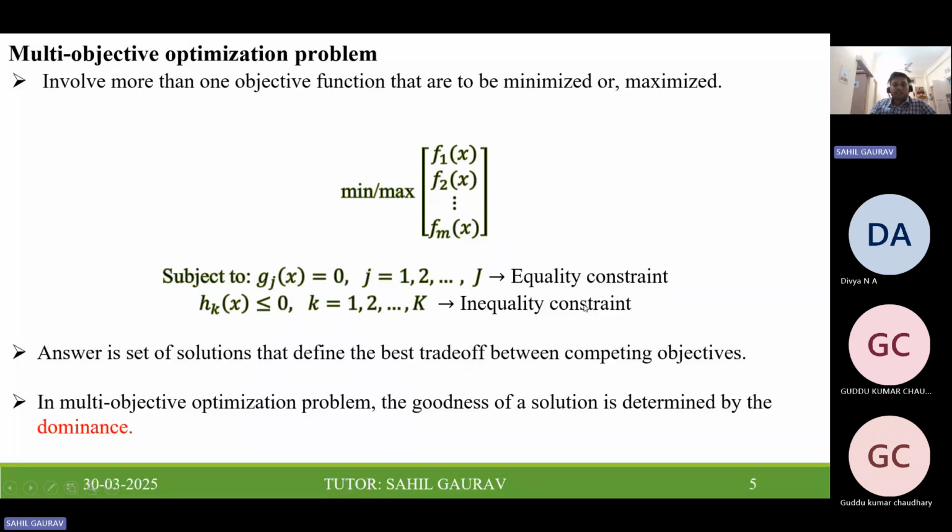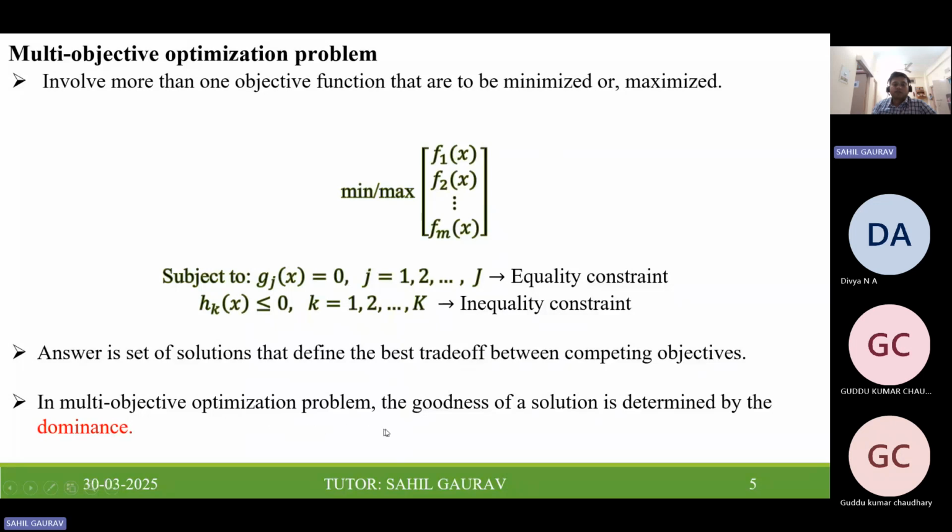So there is some trade-off between the objective functions, meaning when one objective function is minimizing, the other may or may not be minimized or maximized at that variable. So we will take the best trade-off between the competitive objectives.